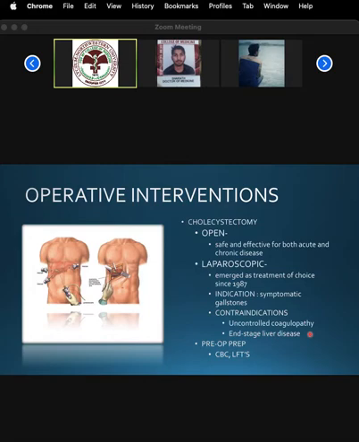Now the problem is, if we encounter difficulties in doing your laparoscopic cholecystectomy, when should we convert to an open cholecystectomy? The gold standard is 40 minutes. If after 40 minutes you haven't dissected your gallbladder yet, it will be best and safer for the patient if you convert to open cholecystectomy than continue attempting to dissect the gallbladder by laparoscopic means.